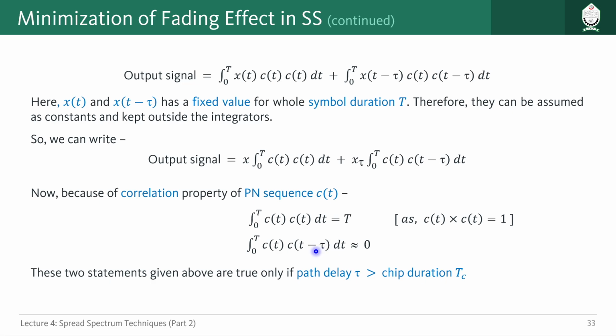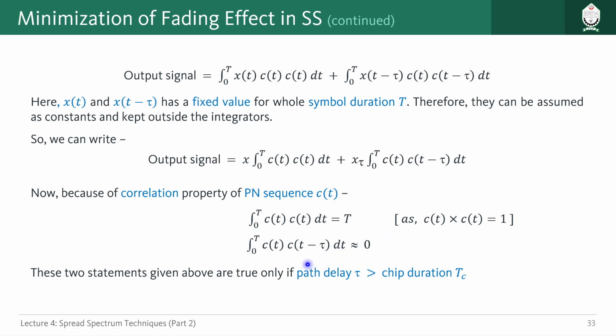From that autocorrelation property, for a PN sequence, when it is multiplied with a delayed version of itself, it will result in a very low value, like our third case, the correlation property of randomness. From that property we can say that this integration will result in a very low value, almost equal to 0. So we can use these two properties in these two integrations. Here this should result in T, and this should result in a value very close to 0, or we can just assume it as 0, right?